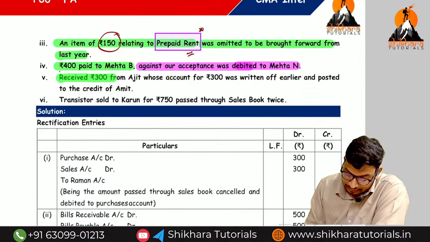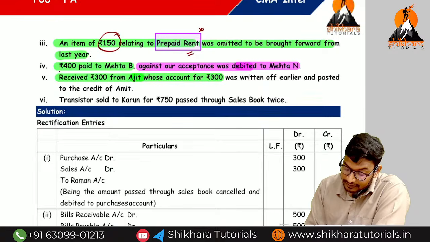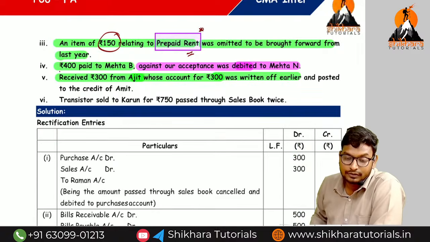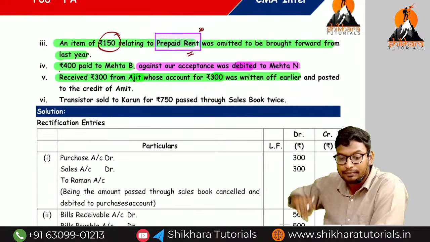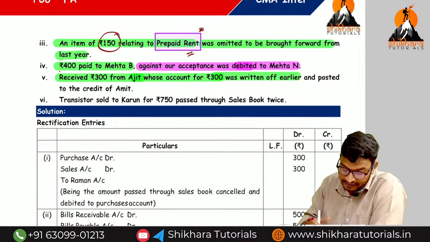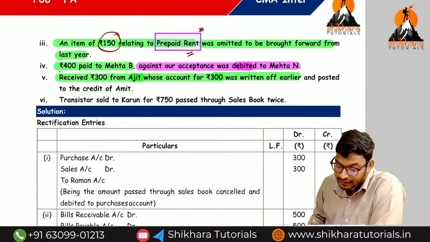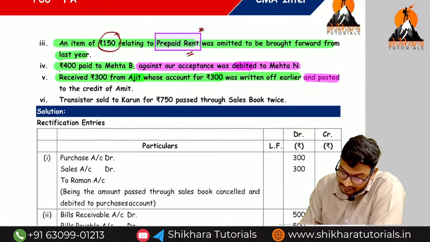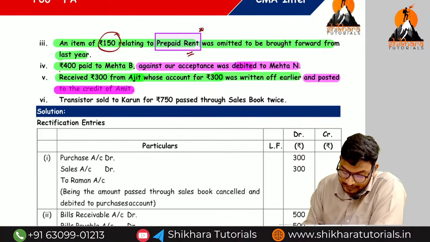Received rupees 300 from Ajit, whose account of rupees 300 was written off earlier. This is the actual thing. Sir, bad debts recovered account. Previously we have written off bad debts. Can you say the bad debts entry? Bad debts account debited to Ajit account. But now what they are thinking? It was posted to the credit of Amit account.